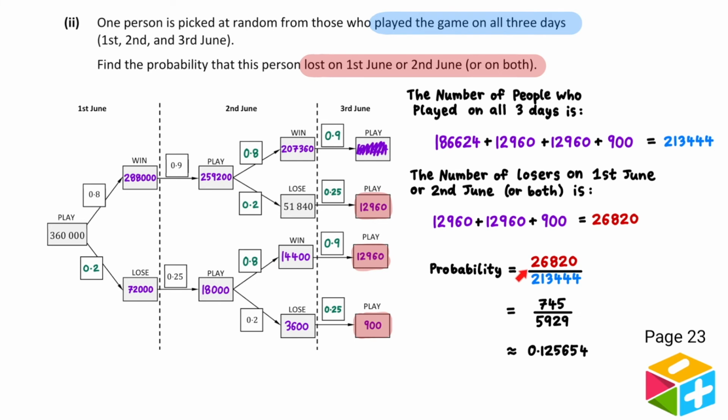This gives us 26,820 divided by 213,444. If we simplify this fraction, it comes out as 745 over 5,929. Or as a decimal, we can write it as 0.125654.